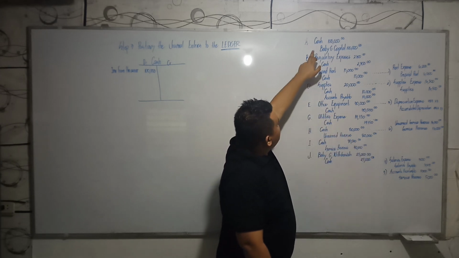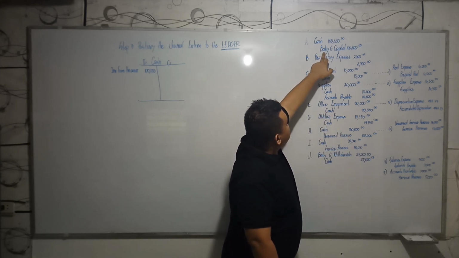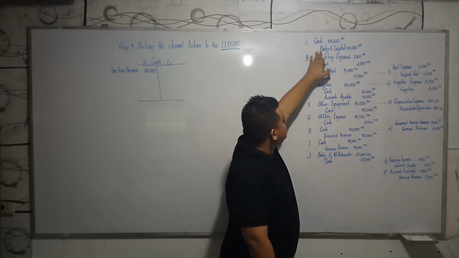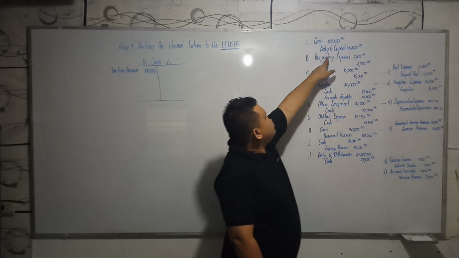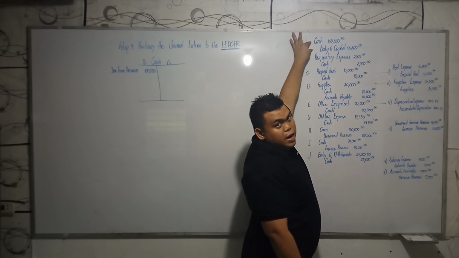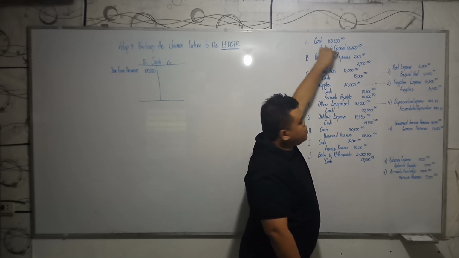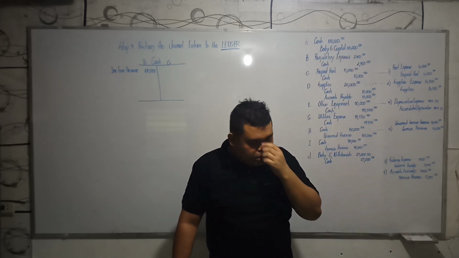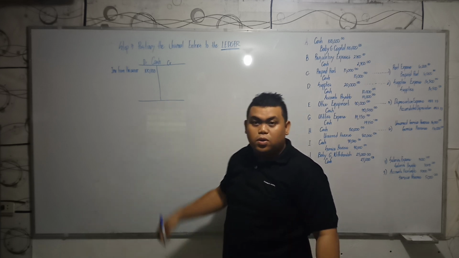Have you remembered? We have cash debit, and we have credit BBG Capital 100,000, and after that I said to you there should be an explanation of why this is the entry, right? You have to indent and put there a very short explanation like that one, investment from the owner.